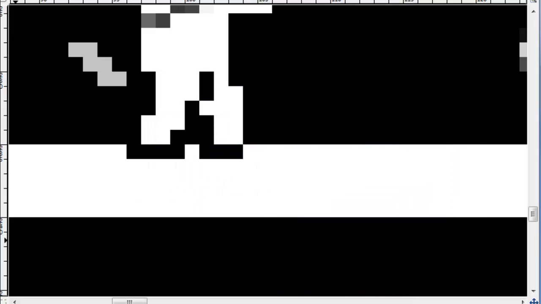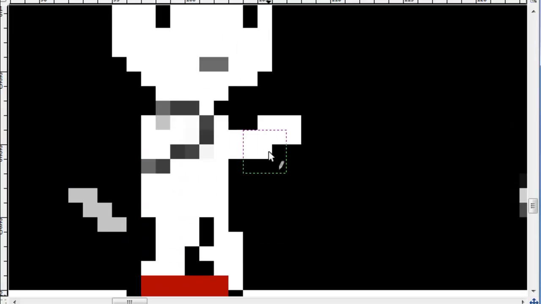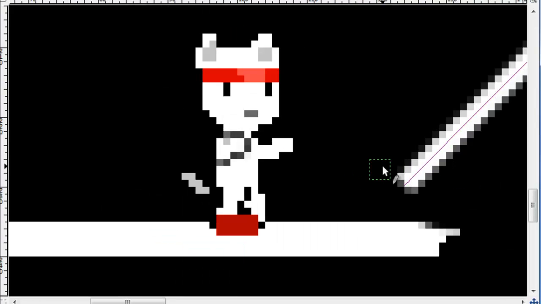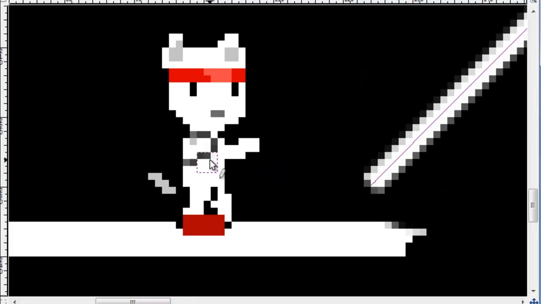For horizontal platforms, I'm checking using this y value over here, the feet. However, I'm going to detect the slopes using this y value over here. Okay?